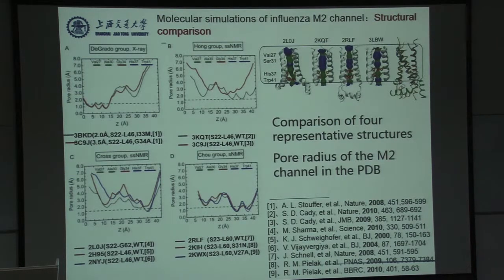So you can see there are a lot of recent works on these proteins. And you can see the structure. If you look at the pore of this, there is a hole inside. And if you look at the difference between various structures, they are very different.